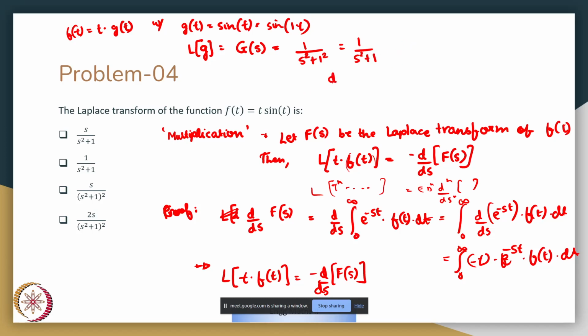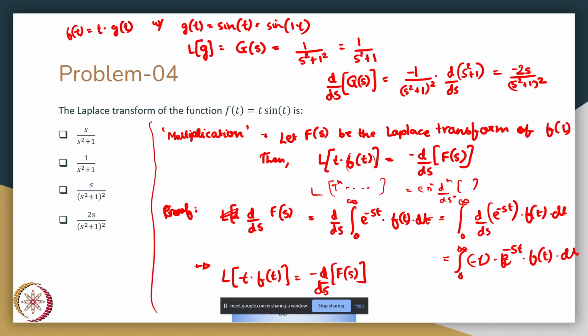And my first derivative of G of s would be minus 1 upon s square plus 1 whole square into the derivative of s square plus 1, which is minus 2s upon s square plus 1 whole square. I'll just box this here.